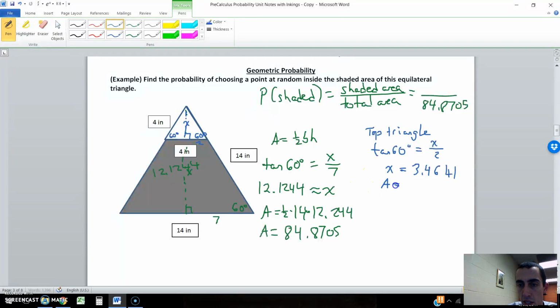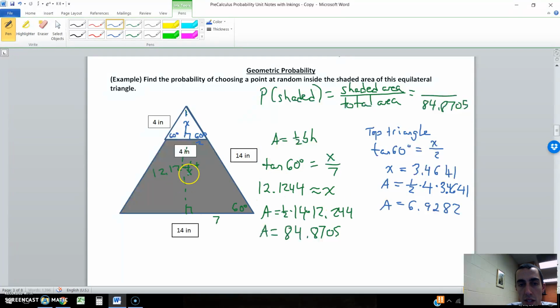So to find the area of that top triangle, we will do 1/2 times the base of that white triangle up top, which is 4, times 3.4641. We multiply that out, and it is approximately 6.9282.